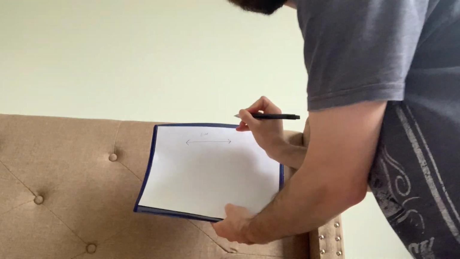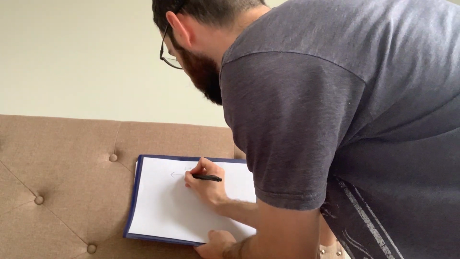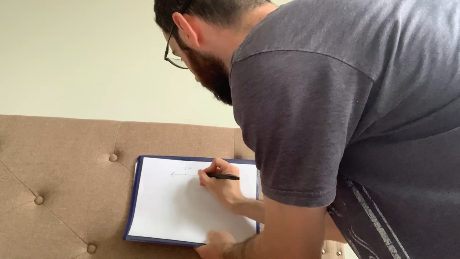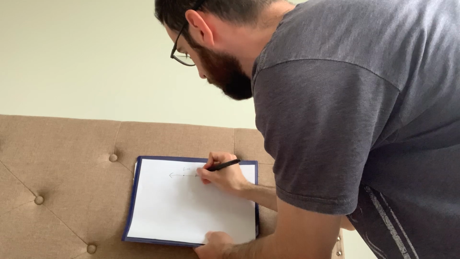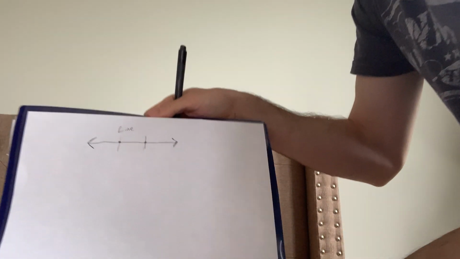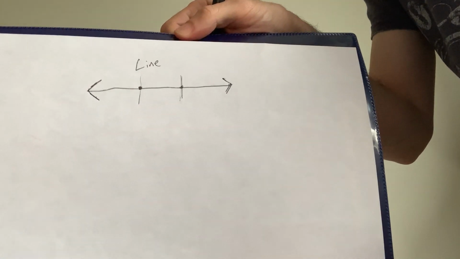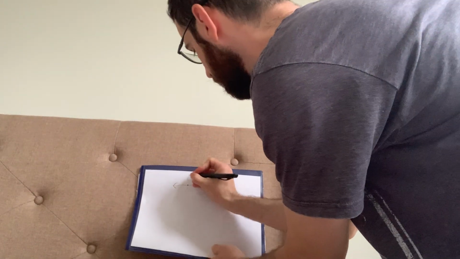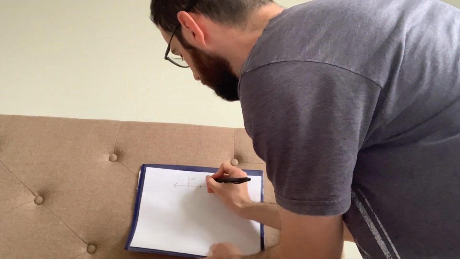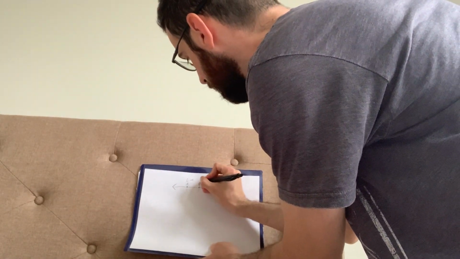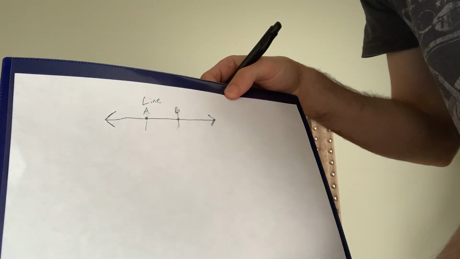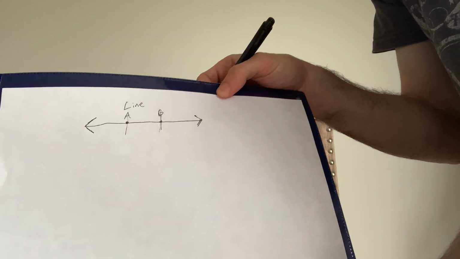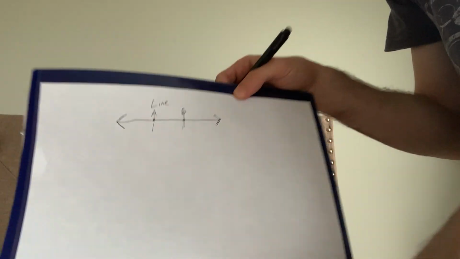A line segment is a part of a line. Okay? So it would be two dots. It's like you're taking a chunk out of the line, okay? And we normally label them with letters, either A, B, C, D. Doesn't really matter. You'll see a lot of different letters naming a line segment.